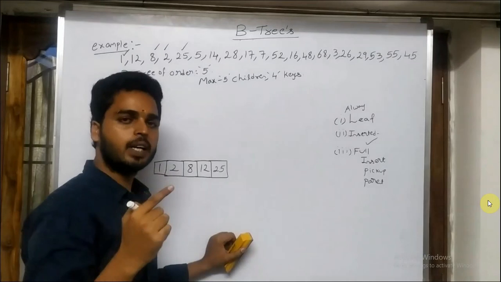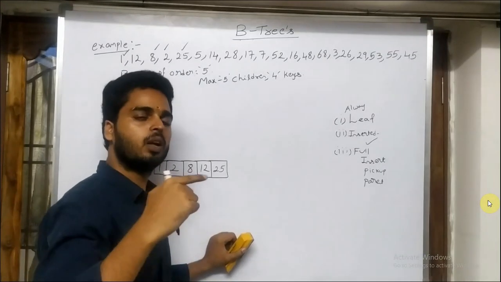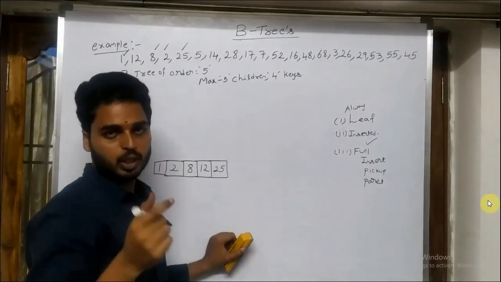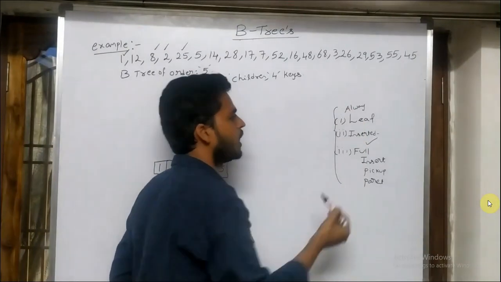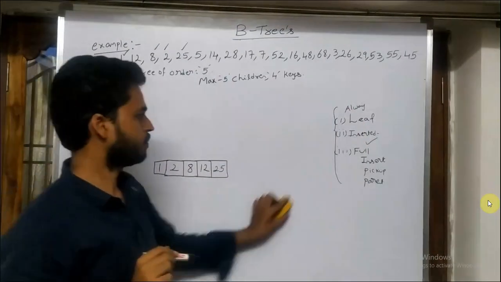After making it a parent, if that is also full, we need to take the middle element. So this process will repeat. So I will follow this procedure directly here.